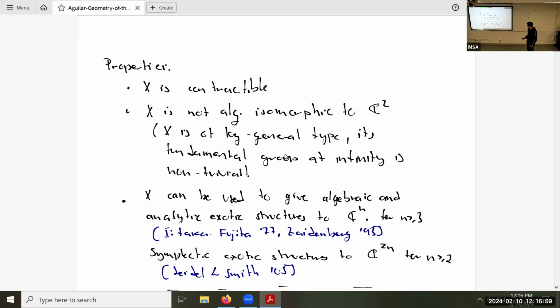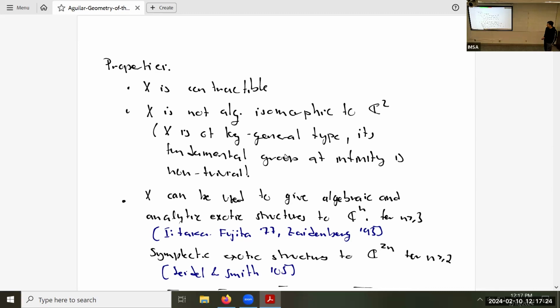Okay, so now this Ramanujam surface can be used to give exotic algebraic and analytic structures on Cn for n bigger than 3. And for this, we use the cancellation theorem that I was telling you. So in the algebraic setting, this is due to Iitaka and Fujita, '77. In the analytic setting, this is due to Seidenberg.